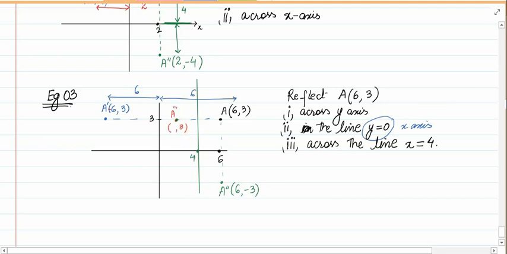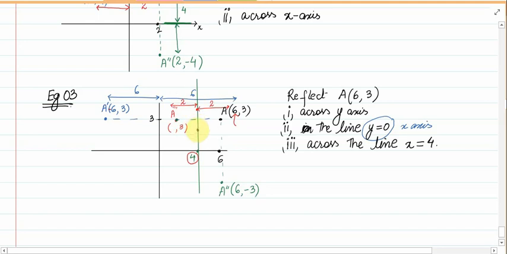Now we look closely at the x value. At this line the value of x is 4 as mentioned here. At A we have the x coordinate 6. So if I ask you what is the difference, you will say, sir, it's 2, right? 6 minus 4 is 2. If this distance is 2, it means that this distance should also be 2, right?